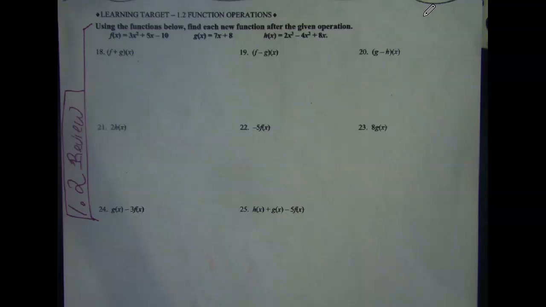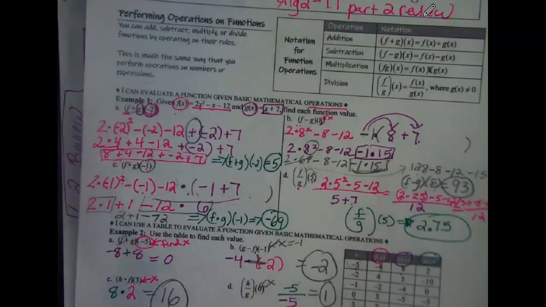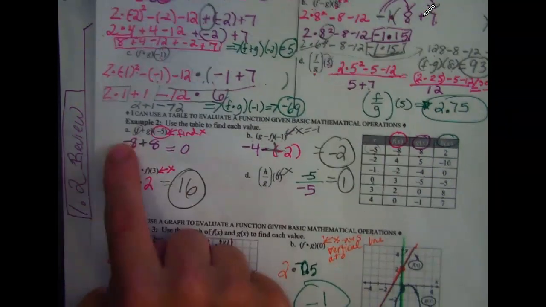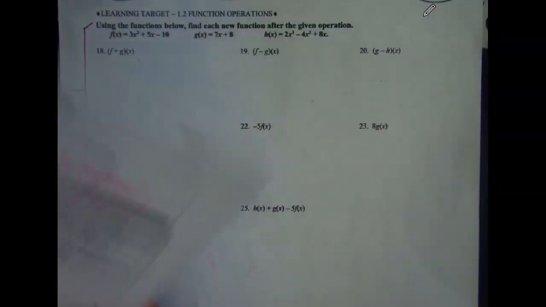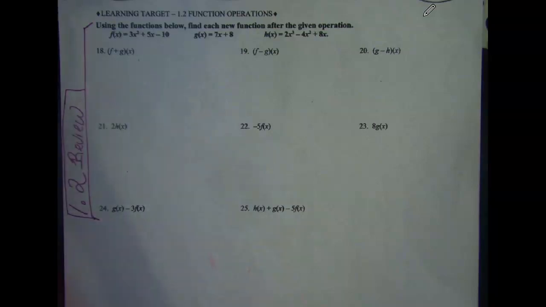So make sure you have out your notes for Learning Target 1.2, and you really only need, you can use examples from the 1.2b, because we're going to be using basically our examples from the back part of the page, examples 3, and that's about it for these on our quiz. So just have those handy.